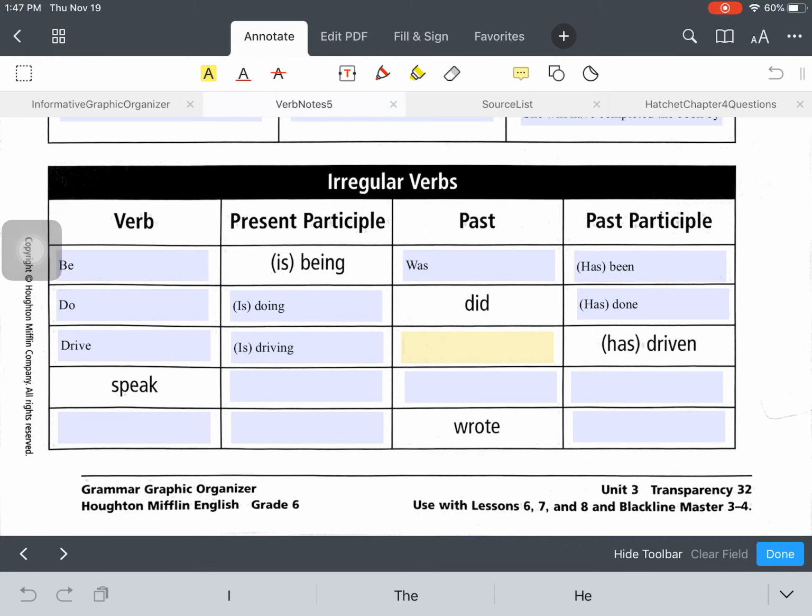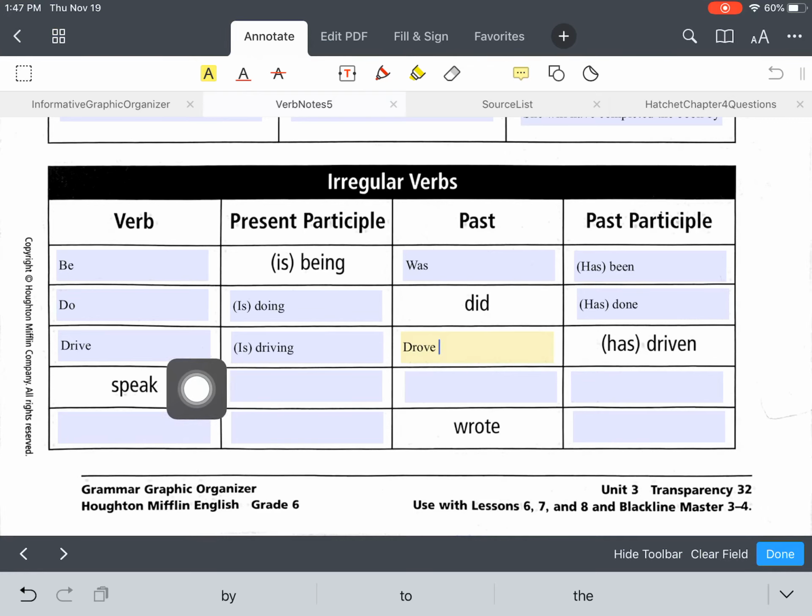It becomes a whole new word, drove. So she is driving the car. They are driving the car. She drove the car. And then in the past participle, it becomes has driven. So you don't say has drove. It becomes a whole new word. So she has driven the car. They have driven the car.